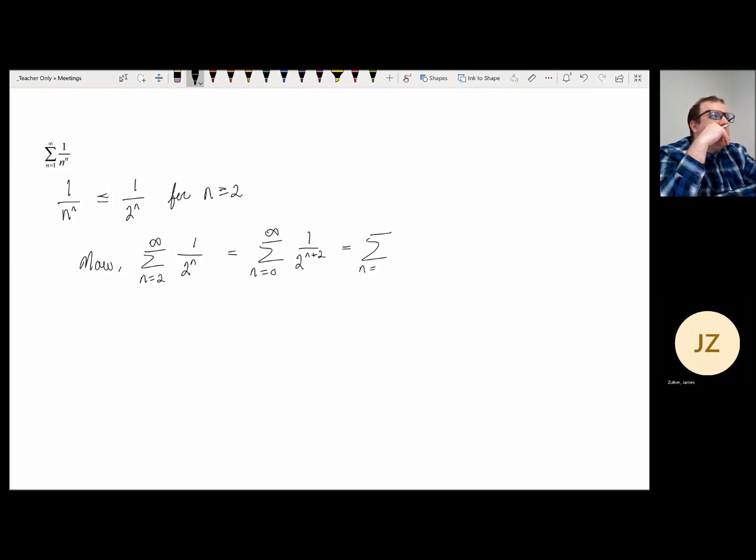No, that one would work. You could do that, and then you won't have to worry about shifting the index, because that'd be a p-series, which converges.